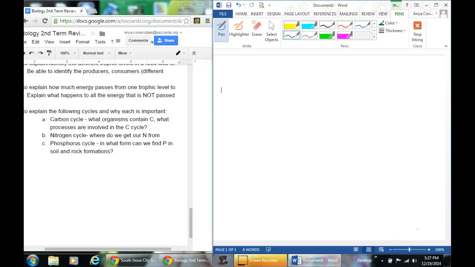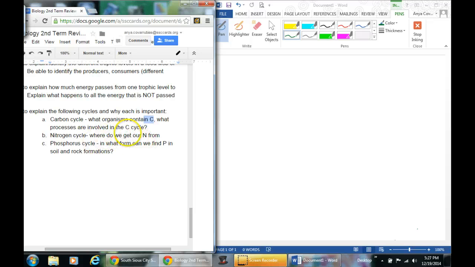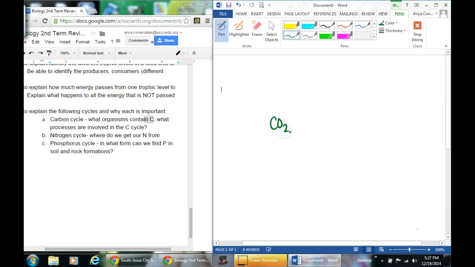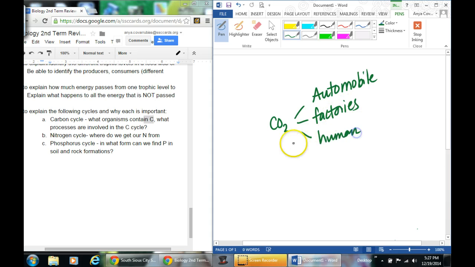So, carbon cycle, what organisms contain carbon? Well, all organisms contain carbon. The process involved in the carbon cycle is going to be with CO2, carbon dioxide, being produced by automobiles, factories, by humans, by animals, and carbon dioxide is needed by plants.